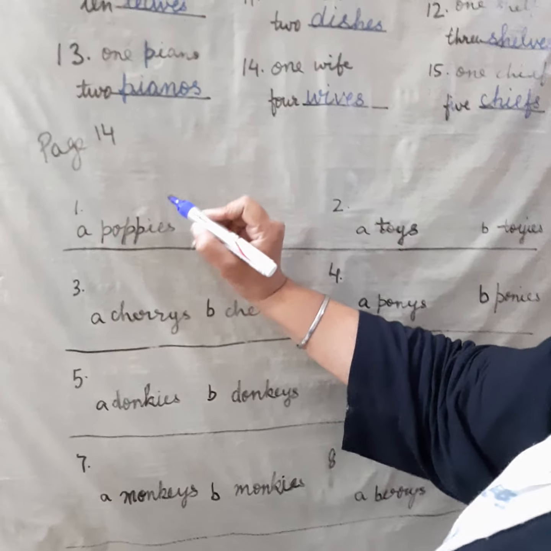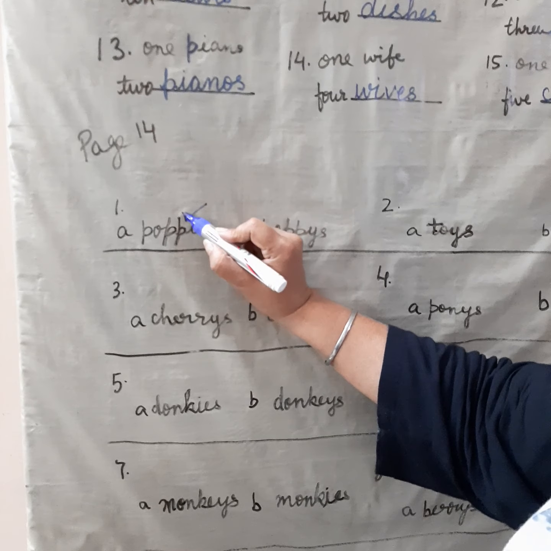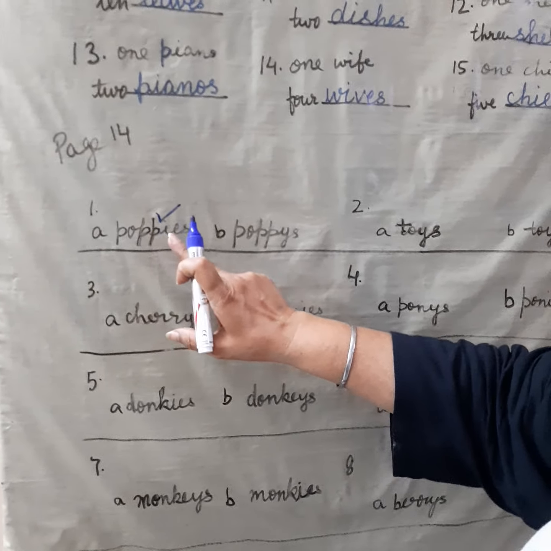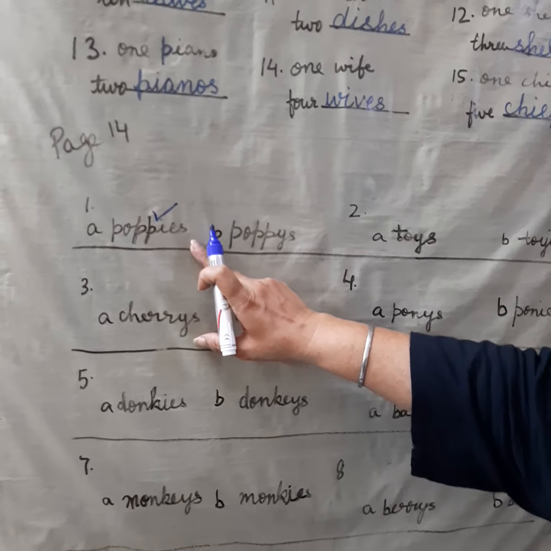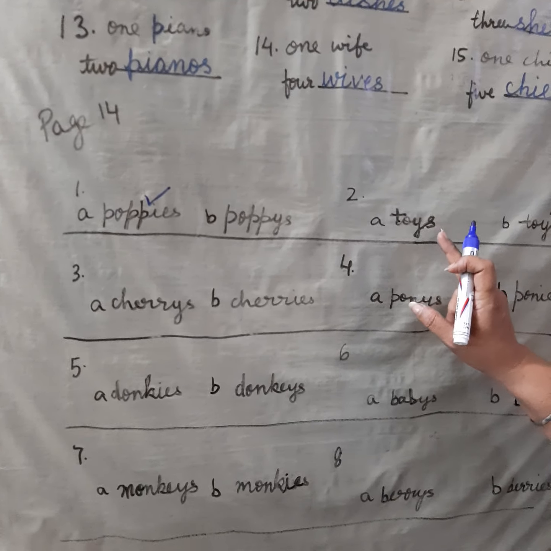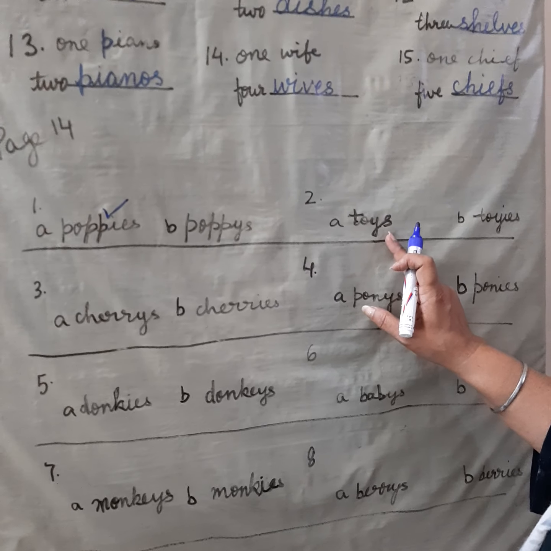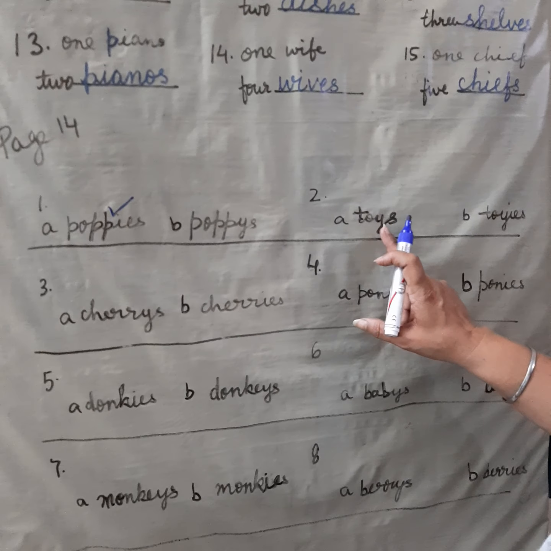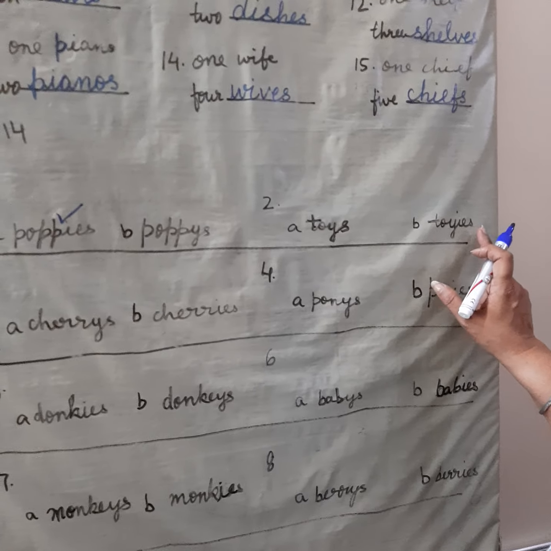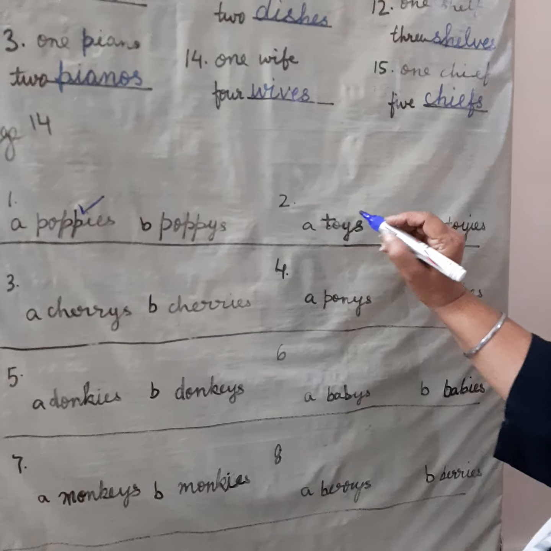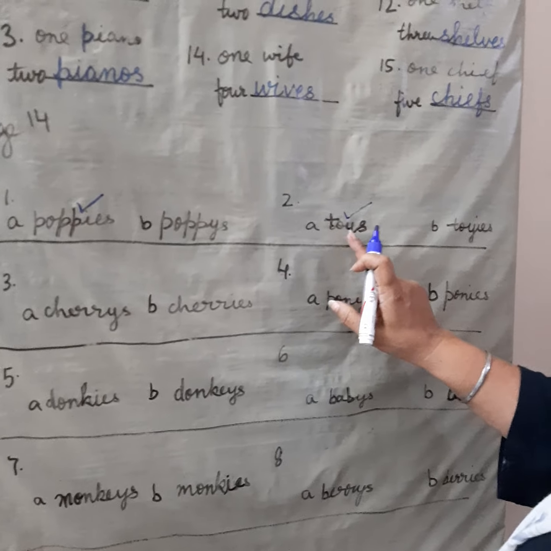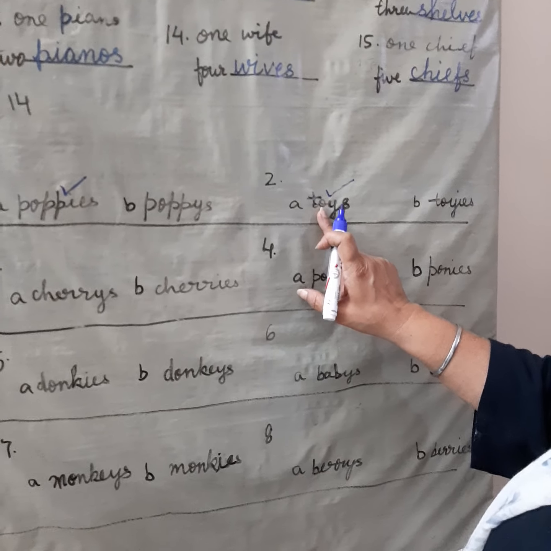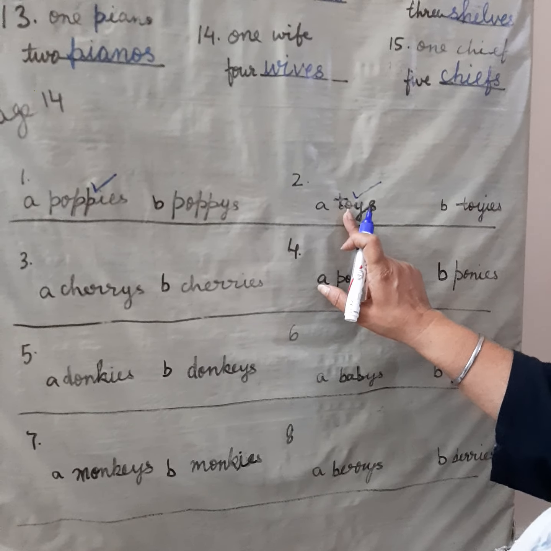Yes, we will replace Y with IES in poppy to make it a plural noun. Now, to make toy a plural, which is the correct spelling? TOYS or TOYIES? Yes, it is TOYS because the second last letter is a vowel.